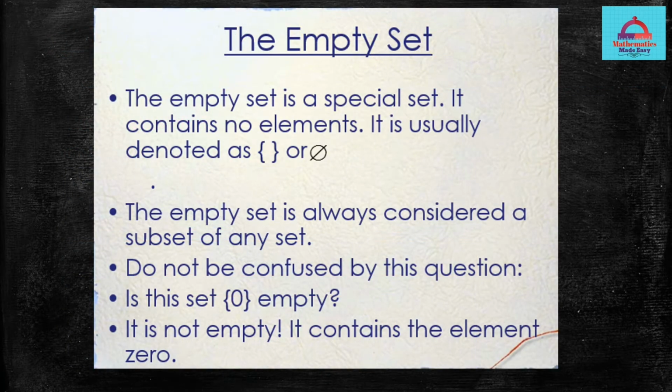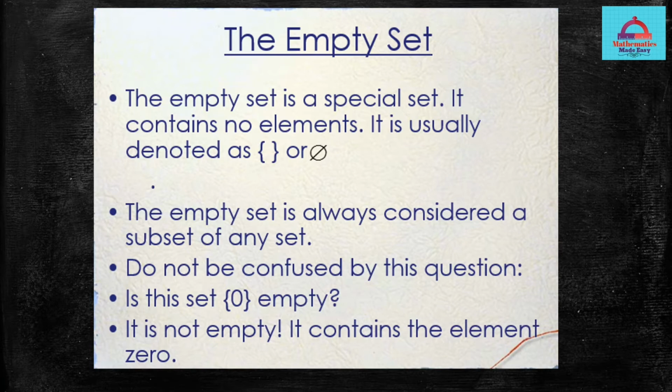On this slide I have an important question for you. Sometimes students get confused by this question, so let me clear that out for you so that you don't make the mistake. If I ask you, is this set, the set with the element 0, an empty set? Think about it. What should be your answer? Yes, you are right. This set is not an empty set because it has one element, which is 0.